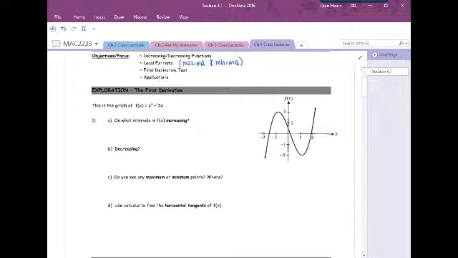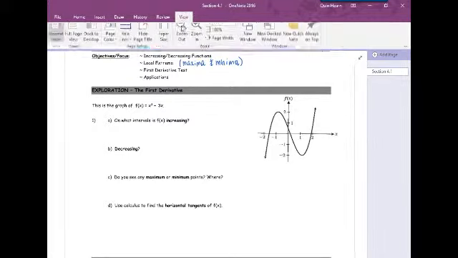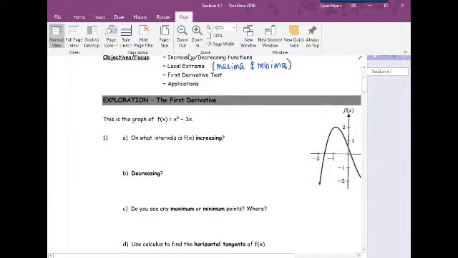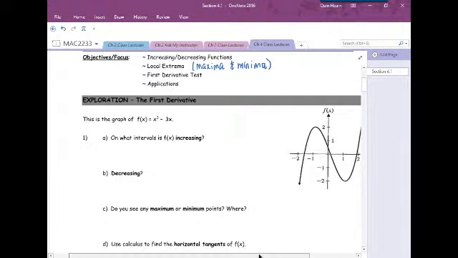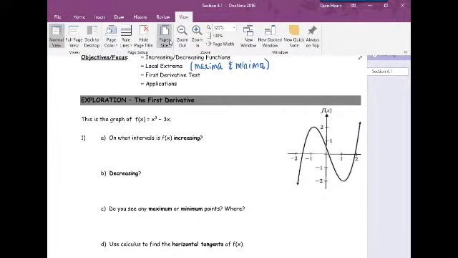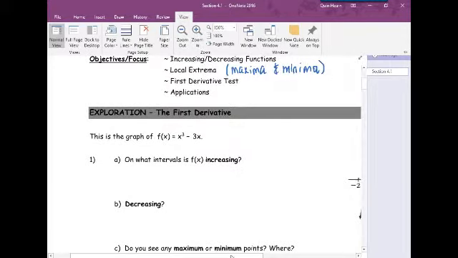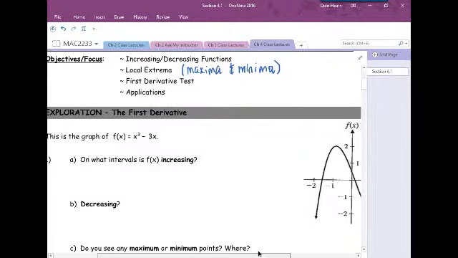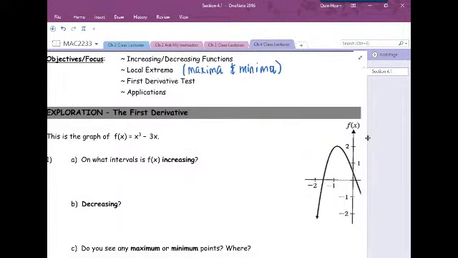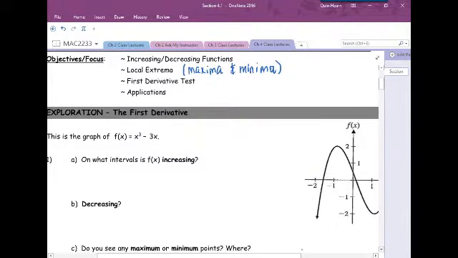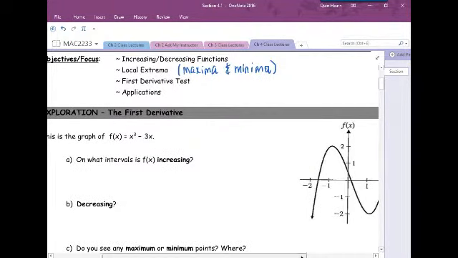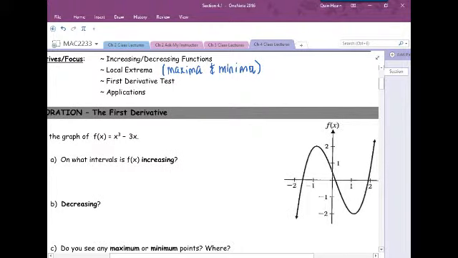So let's start with this graph here of f of x equals x cubed minus 3x. Okay, so here's our graph.